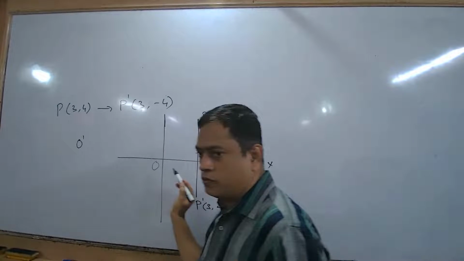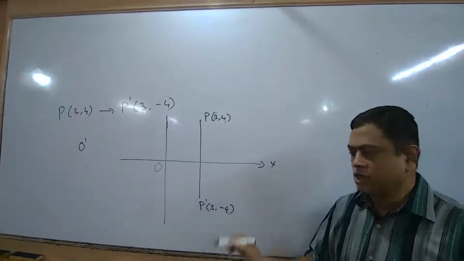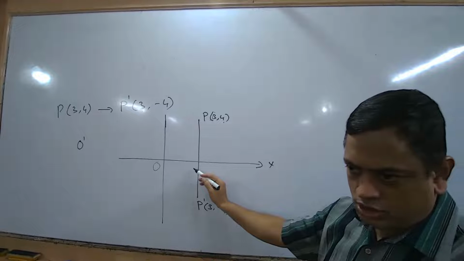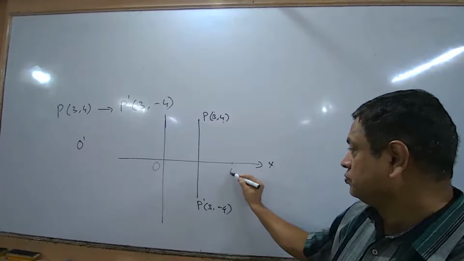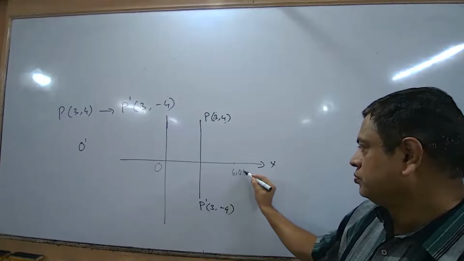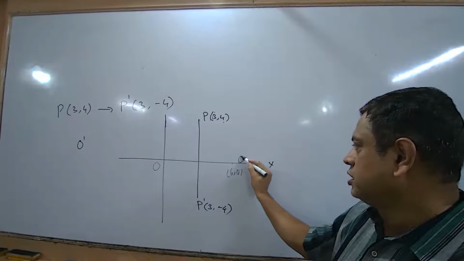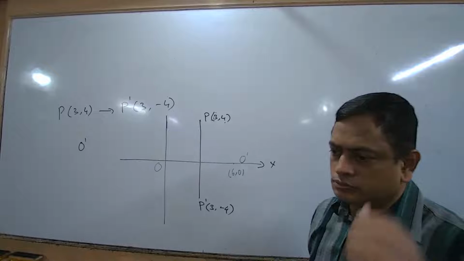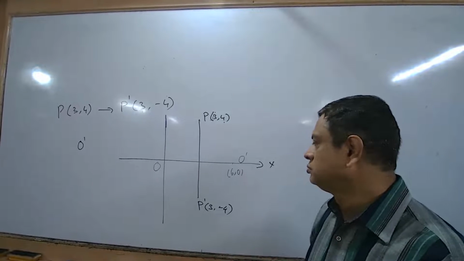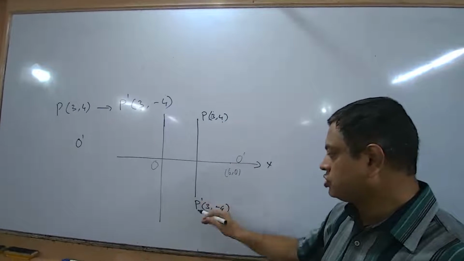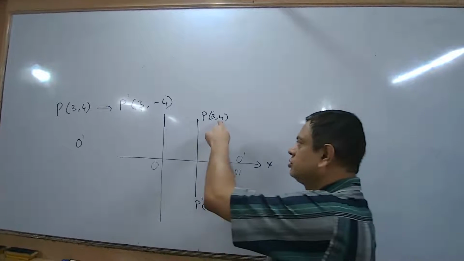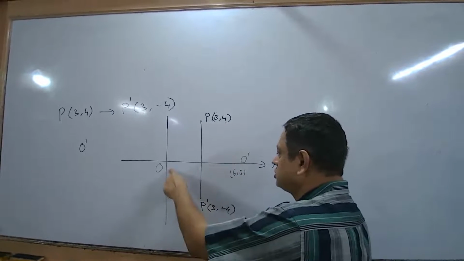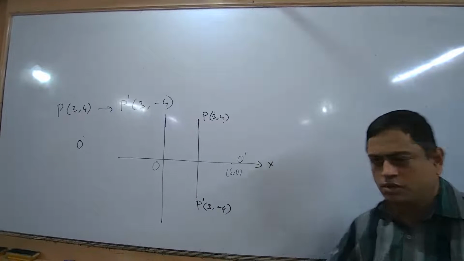What is the reflection of O with this line? This will be O dash. Then what is the next condition? The length of segment P dash O dash. Length of P dash is how much? 8 units. This is 6 units. They are not equal, whereas perpendicular.